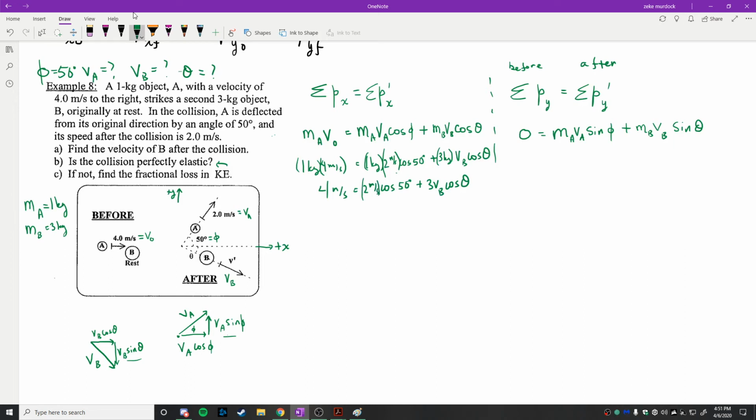And then over here, what we end up getting is basically negative MA is 1. VA was 2. Phi was 50. MB is 3.